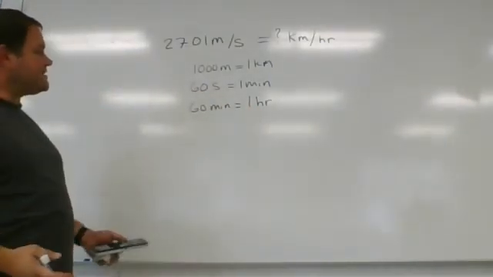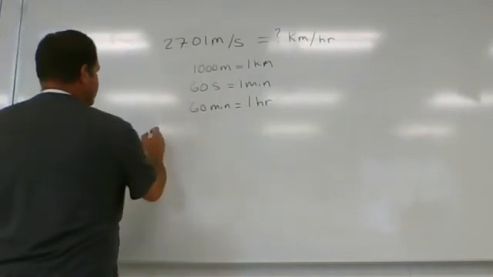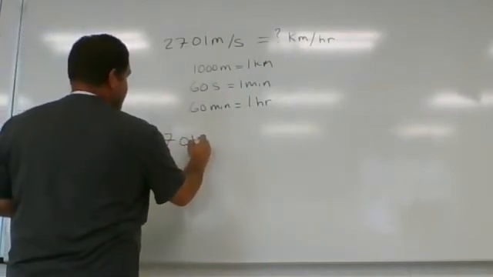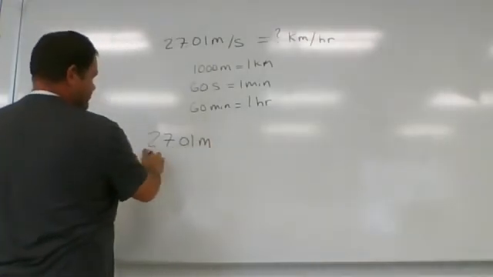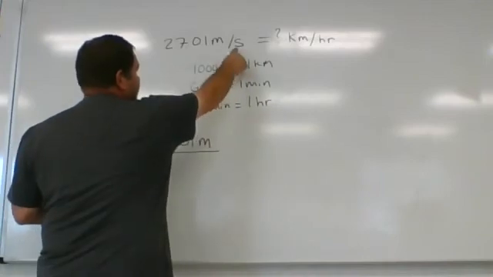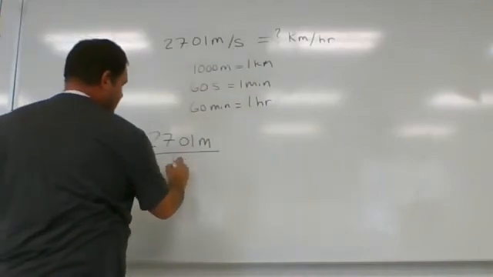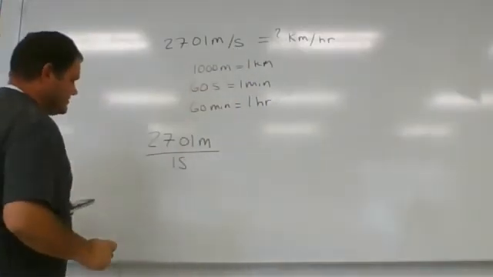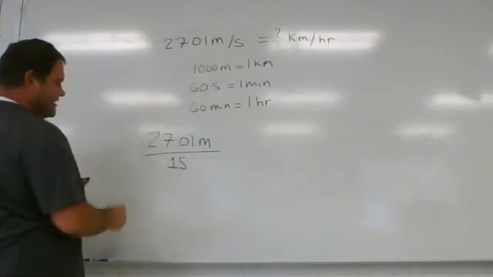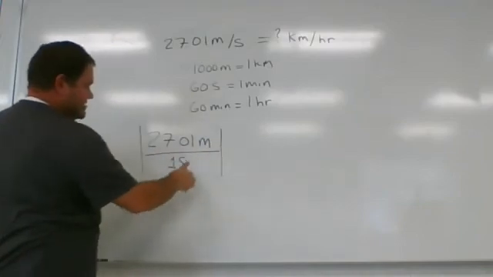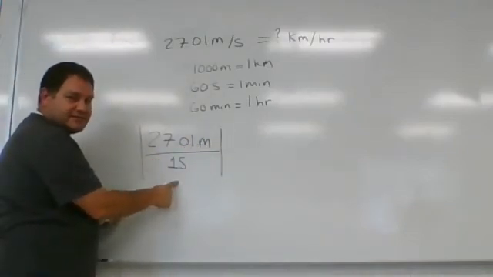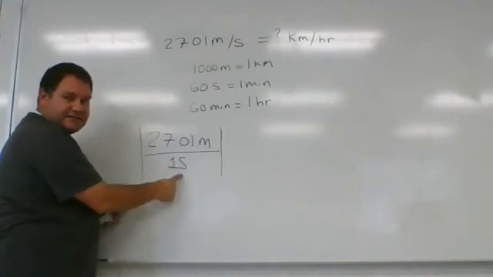Now, how would I set this problem up? Well, same idea. I'm going to take my meters, my 27.01 meters, and now, because this second is a unit that's on the bottom, I'm going to place it over 1 second, okay? This is a 1, so over 1 second, and then I put my brackets. So now I have my meters per second, okay?